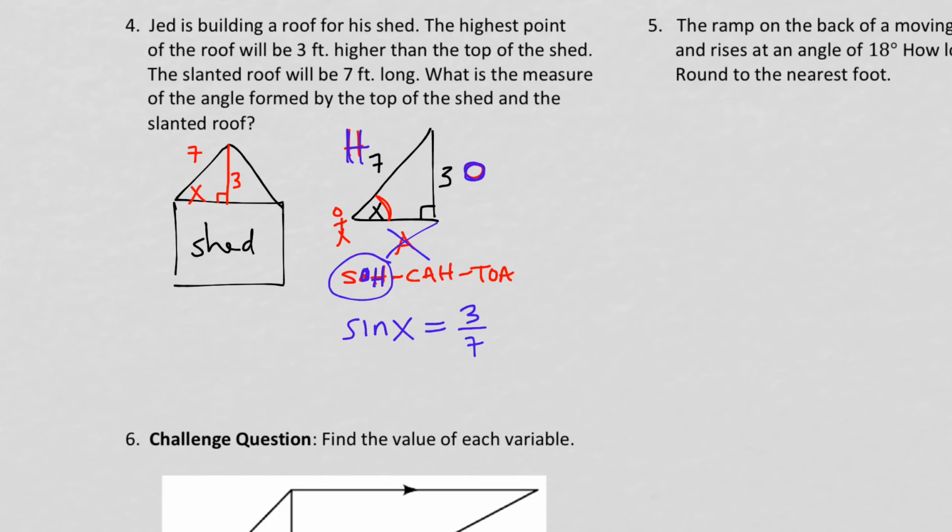And now I can solve my equation for this unknown angle x by applying the inverse of sine to cancel this sine out. And so I get x equals the inverse of sine of 3 over 7. So on a calculator, I can compute then that this angle here is going to be approximately 25 degrees.